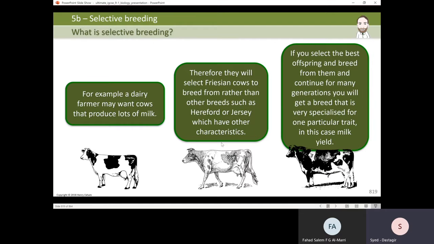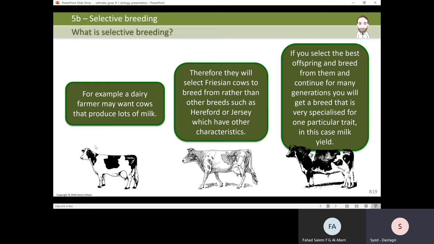If you select the best offspring and breed them and continue for many generations, you'll get the breed that is very specialized for one particular trait. The trait here, or the characteristic here, is the milk yield.